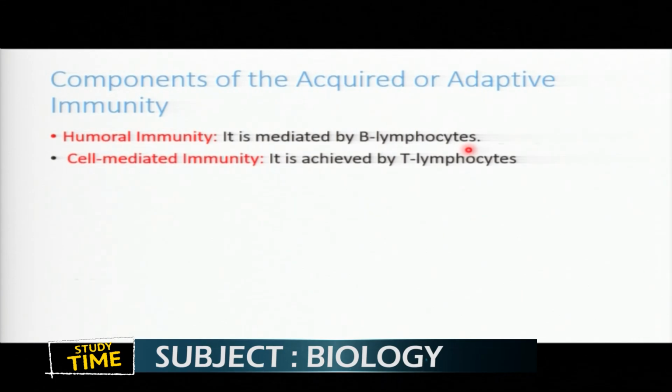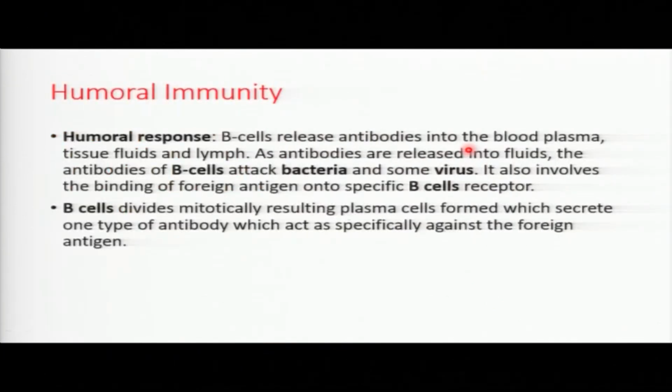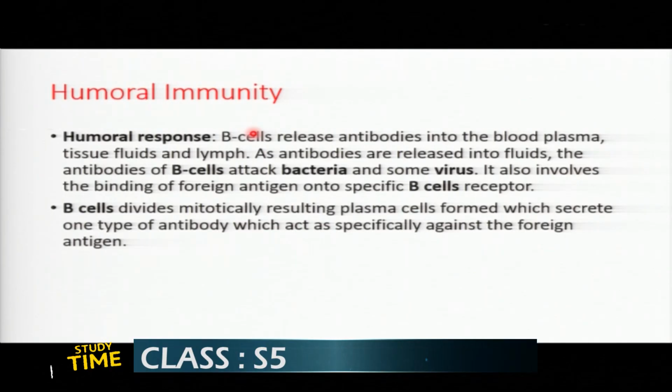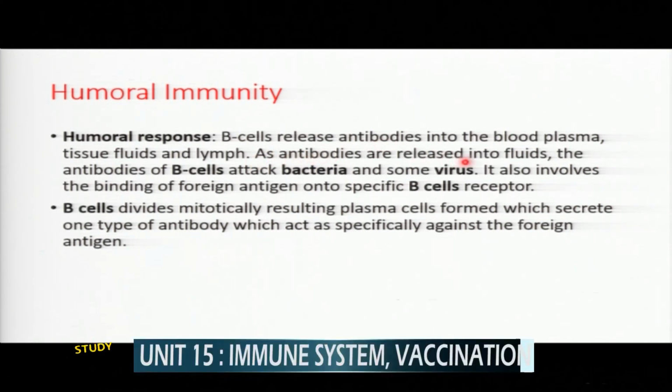Is it clear? Is it understandable? Oh, that's nice. Good. So when we talk about humoral immunity, we do have this immune response. B cells or B lymphocytes, they release what you call antibodies. That's what we have seen. Antibodies into the blood plasma or tissue fluids and lymph. So antibodies are released into the fluids.